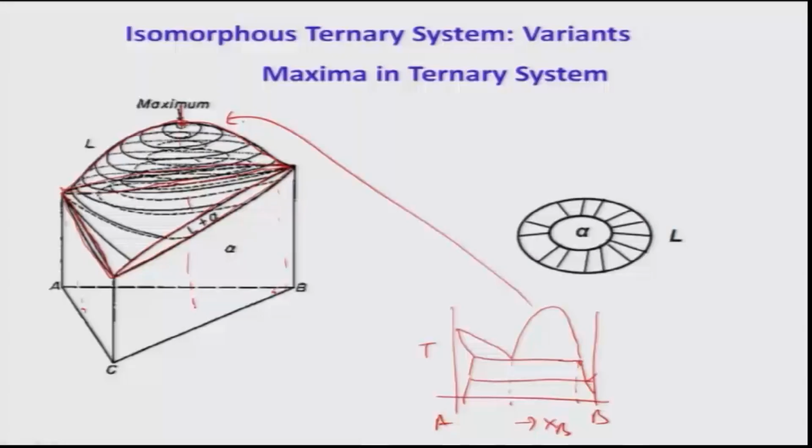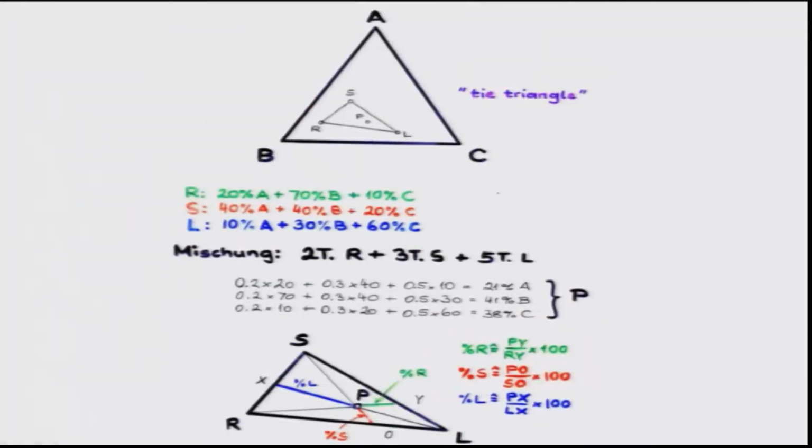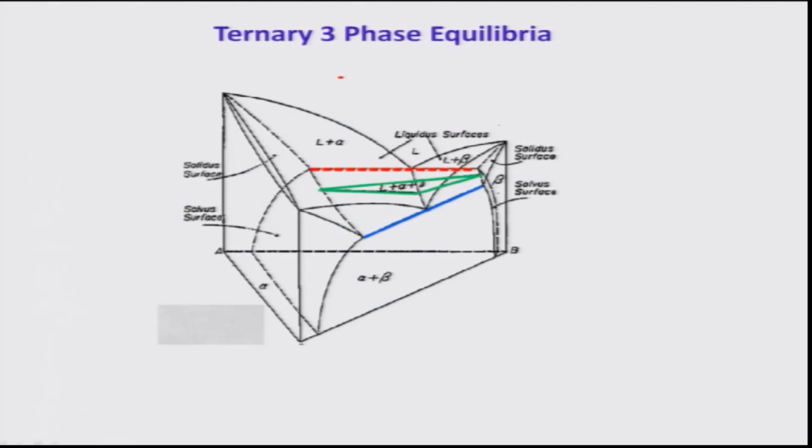So, now I am going to move on to the section which is important, what is known as the ternary 3-phase equilibrium. Now, in a binary system, what is the meaning of 3-phase? You know, 3 phases can coexist in a binary system when the degrees of freedom is 0, like in a eutectic.